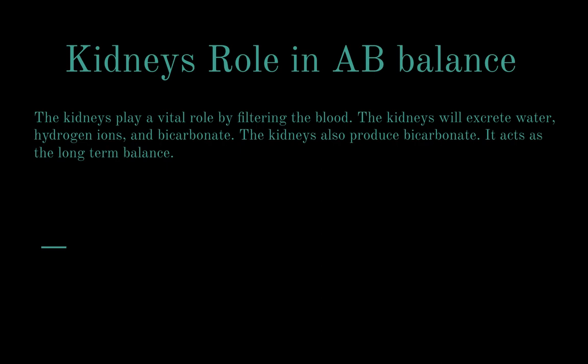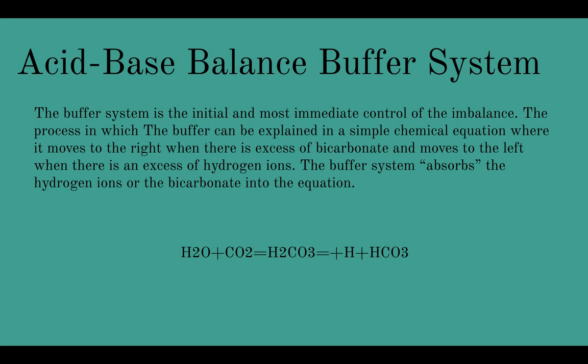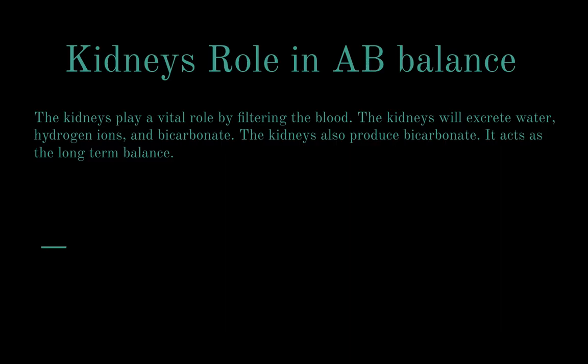If the body's too acidic, it will create more bicarbonate to counteract and have more of the chemical equations from the buffer system, so it'll create more bicarbonate to absorb the hydrogens and so on. But it acts as more of a long-term balance than an immediate one.